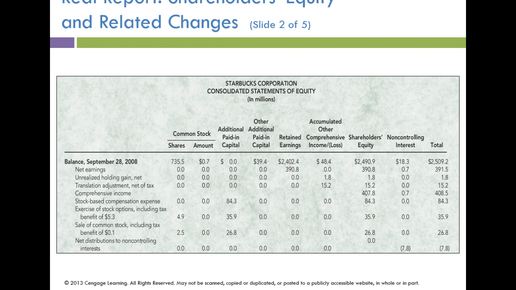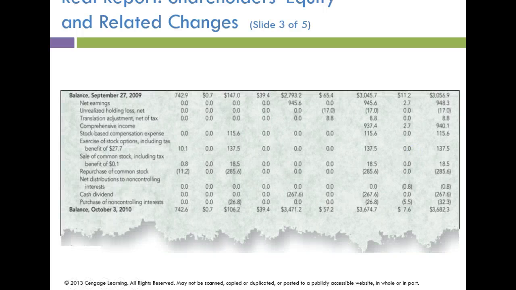The shareholders' equity and related changes. So here we've got, again, the way we're spelling it out, as of September 28th, we're just showing the breakdown like we had in the other slide, how we've got it broken down, our earnings, our unrealized gains, translations, all the various amounts, and then we go into our retained earnings of the various losses and stock options, and we come up with a balance as of 2010.